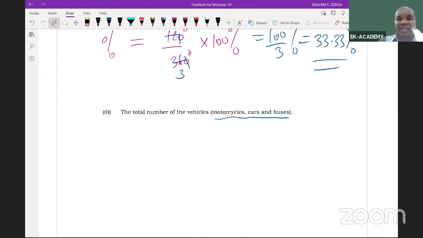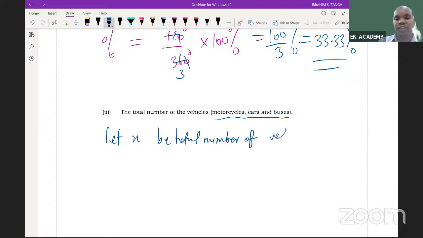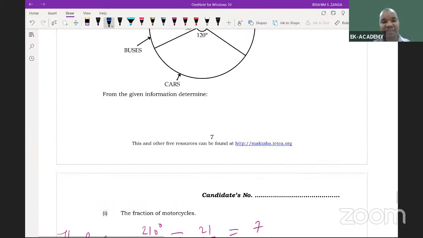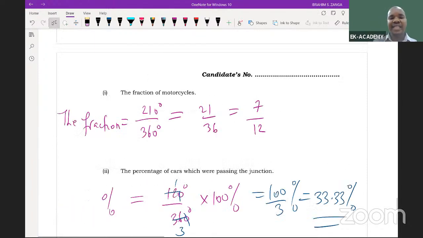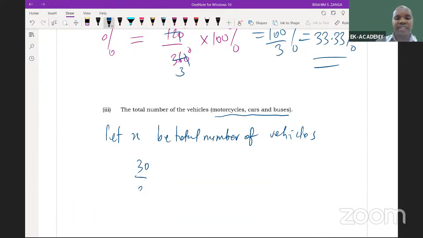I'm going to say let XC be the total number of vehicles. We are told that the number of buses is 150 and the angle corresponding to buses is 30. So taking 30 over 360 multiplied by XC, you're going to get 150.